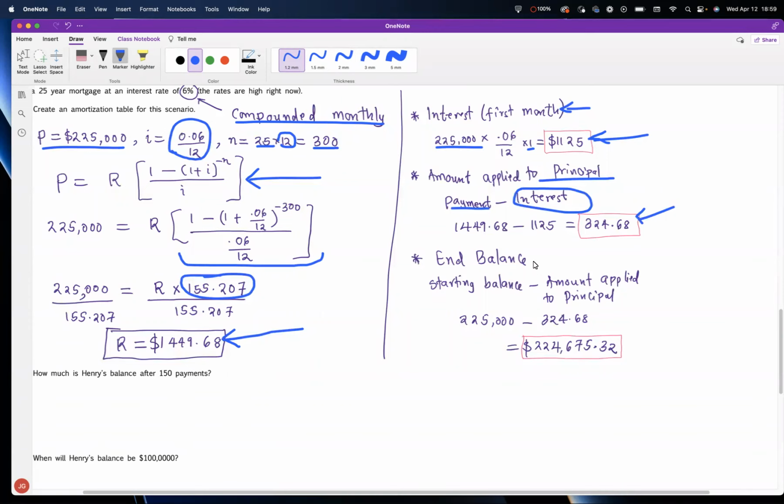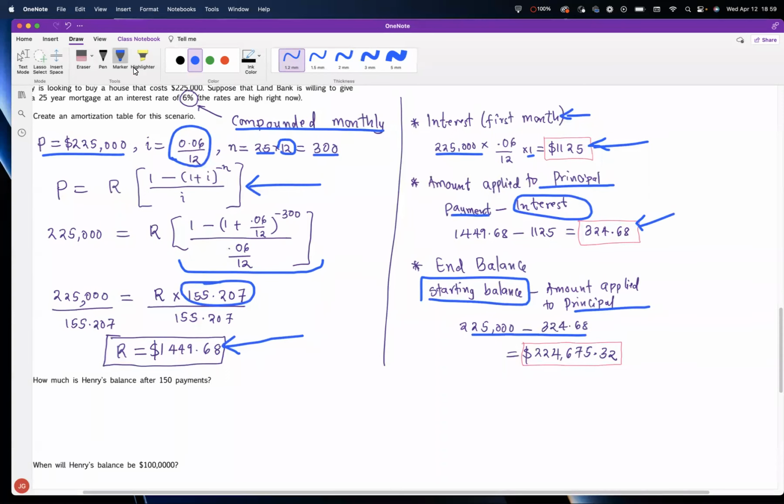The end balance, which is going to be the last column in the amortization table, is always the starting balance for that particular month, minus the amount applied to the principal. That is what I have done, and you have 224,675.32. If you want to pause the video and study these calculations carefully, feel free to do that.